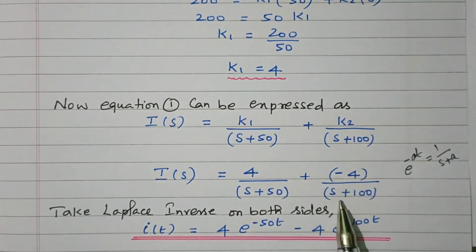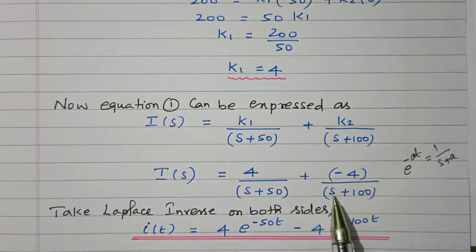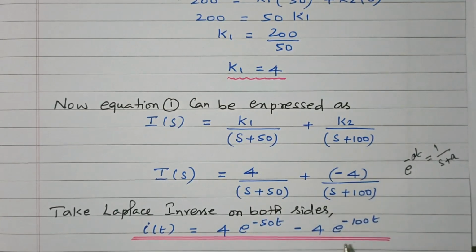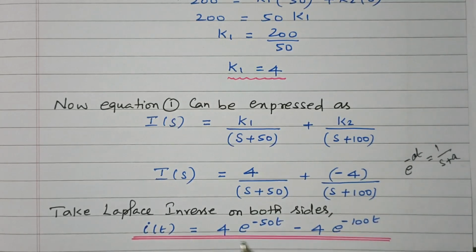Minus 4 is constant, and 1 divided by s plus a, where a is 100, gives e power minus 100t. Based on that, 4 e power minus 50t minus 4 e power minus 100t. Based on this expression, inverse Laplace, now we calculated the resultant current of the circuit.